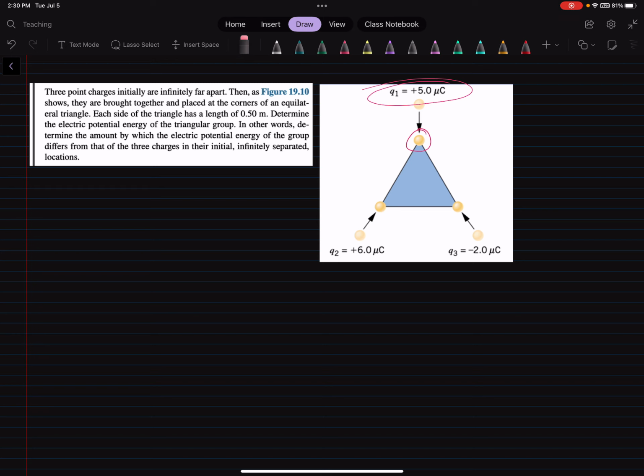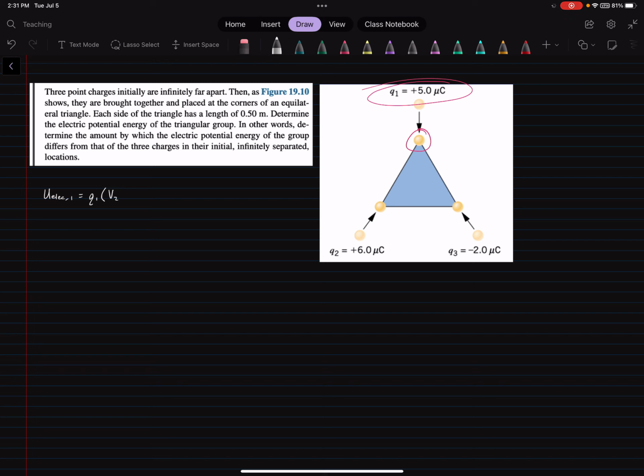So let me pick up where I wrote my notes here. All right. Let's see, how do I want to write this? So the electric potential energy of 1, I'll write U elect 1, is equal to its charge, Q1, times the potential of each of the other 2, right?